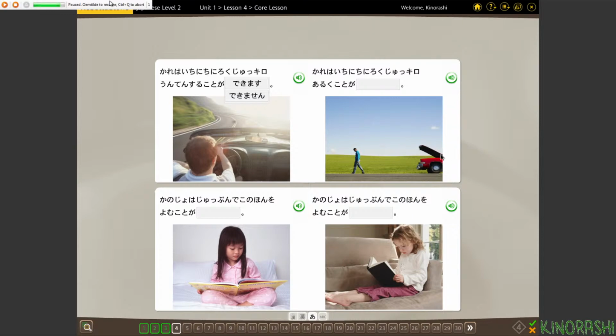It is also used to express frequency. Each 日に... Okay, 1日に3時間勉強します. I study 3 hours per day.